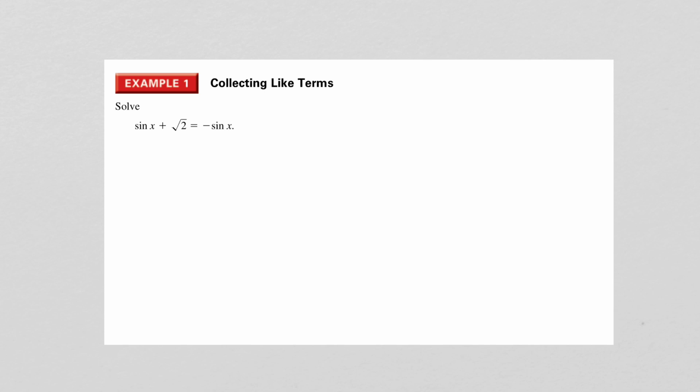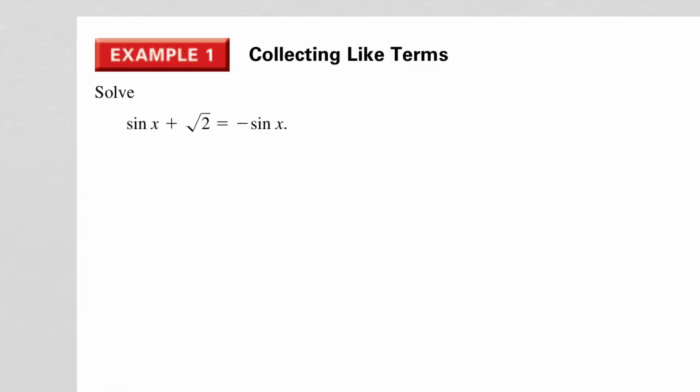And so here's what I meant by general solutions. This says solve, and it does not give us a specified domain. So we're going to give our solution in general terms. And so step one is going to be to isolate our trig function. So we're going to collect like terms by adding sine to both sides. Right?